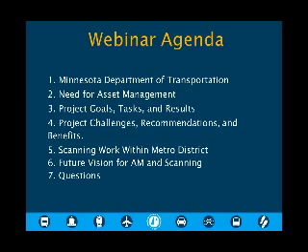We will describe the project goals, tasks, and results, along with the project challenges, benefits, and some of our recommendations and lessons learned. Brad will talk about scanning work that has been accomplished within the Metro District, and we will both talk about our future vision and some ongoing efforts surrounding asset management and scanning.